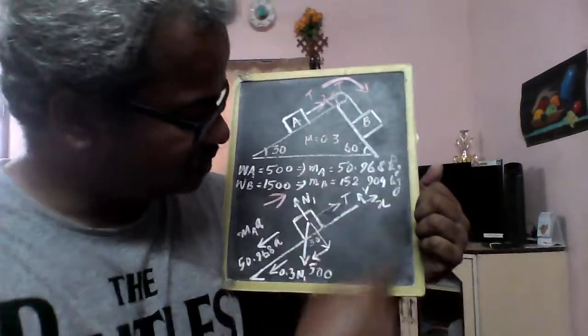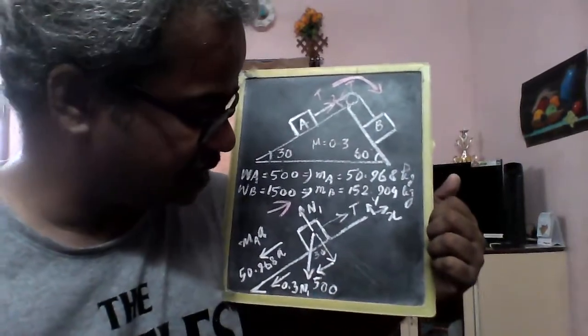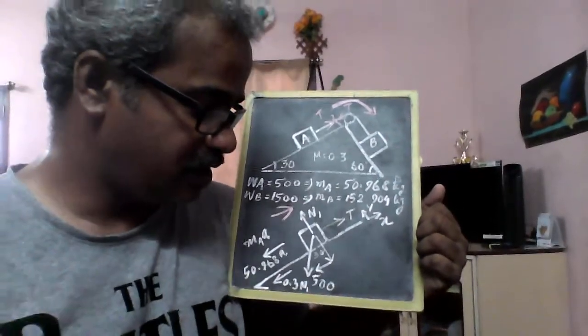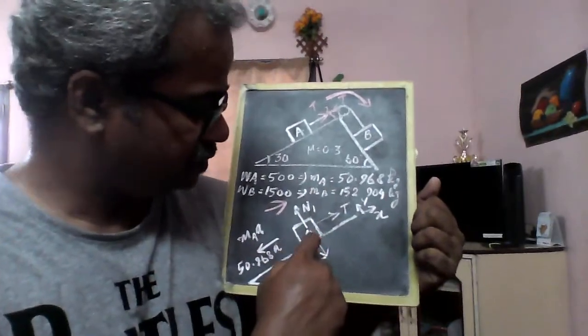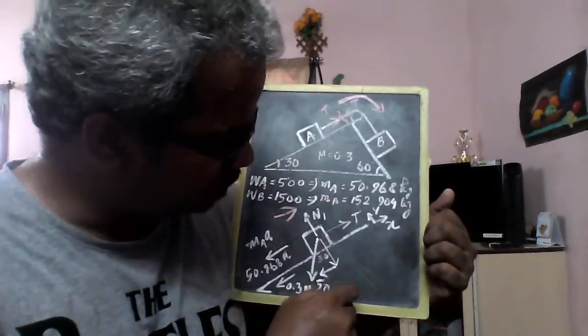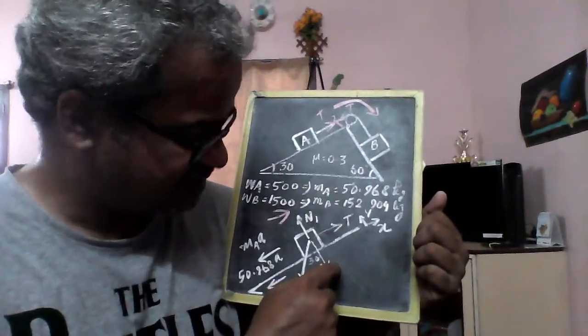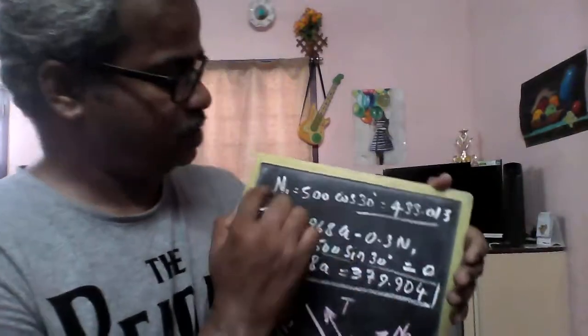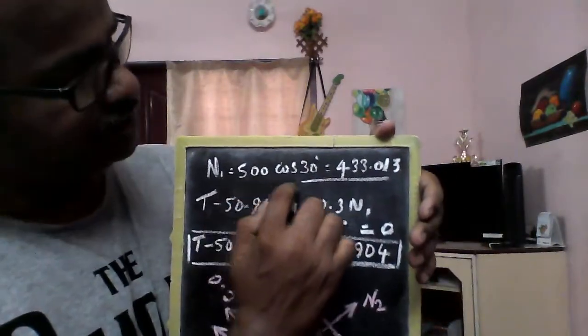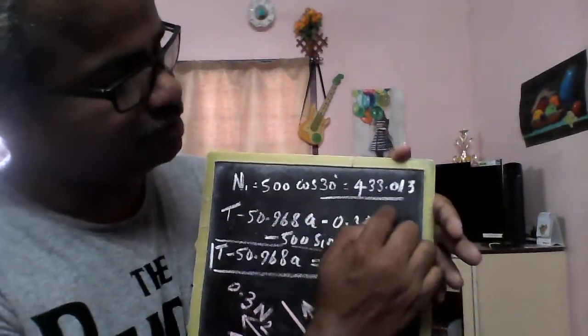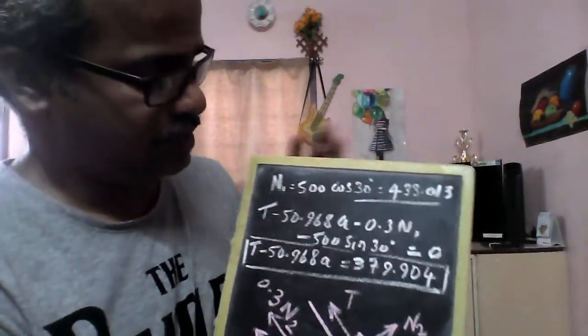Now, solving for dynamic equilibrium conditions, N1 will be equal to 500 cos 30. So that is the first equation. N1 is equal to 500 cos 30, which is 433.013 Newtons.